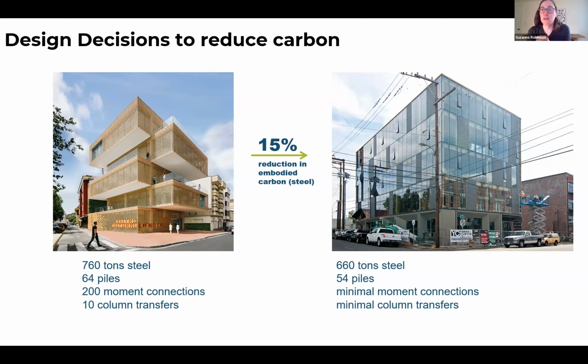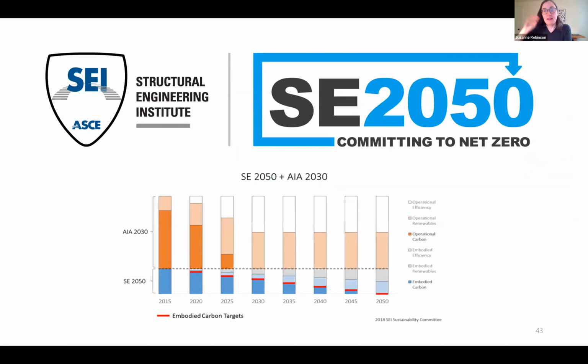So we're actually able to reduce by 15%, which is more than what we could have done by just sourcing lower carbon materials. So something to keep in mind. And then last thing, I got to put a plug out there: just like architects have the AIA 2030 commitment, structural engineers have SE 2050, committing to net zero for our structural components on our projects.